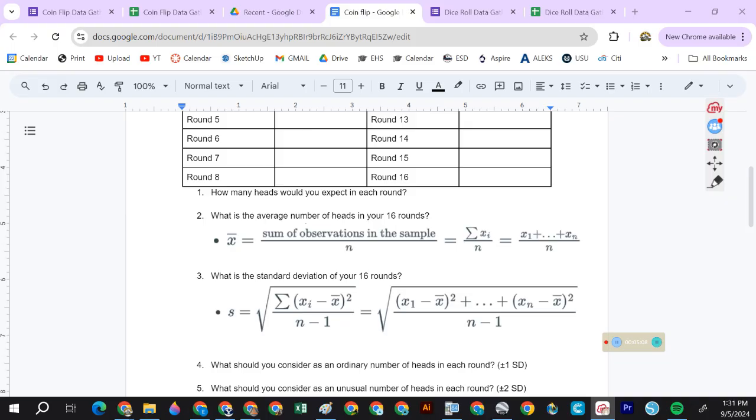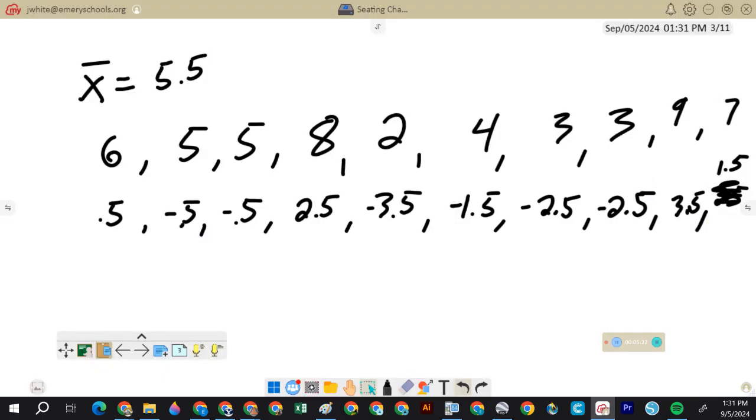If we go back to the formula, what do I do with my differences? Square them. Why do we do that? We need to get rid of the negatives. So I go through and square every difference that I have. So that's 0.25, 0.25, 0.25.